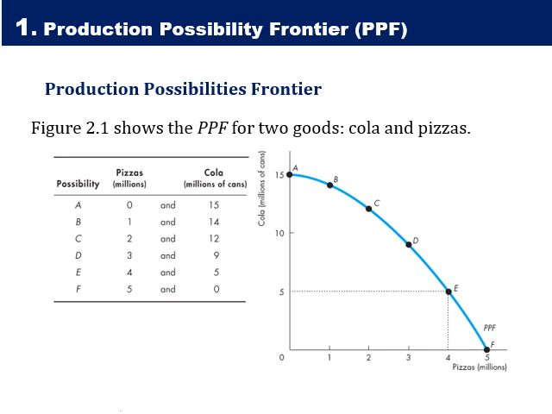For example, if the society decides to produce at point A, then this means that we will produce 15 million cans of cola and we will not produce any pizza, as shown here, because here the level of pizza is 0. Or if it chooses to produce at point B, then it will produce 14 million cans of cola and just 1 million pizzas.